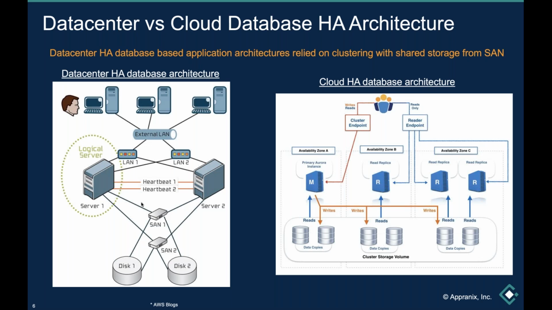But how do you really mimic those clustered architectures? And that's one of the reasons why people go to highly available database architectures provided by the cloud service provider themselves. You could obviously re-architect in such a way that you could put an Always On SQL Server type of architecture.